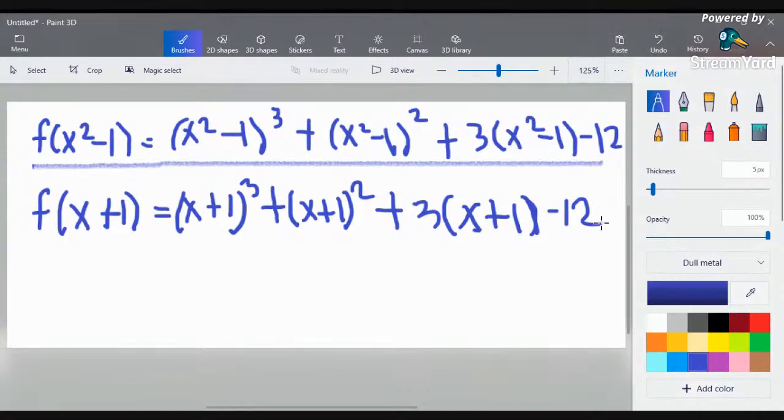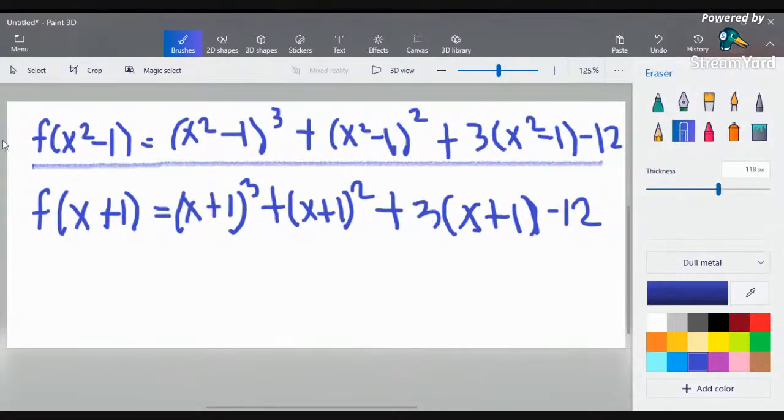Okay. And also, the question is: is f of x plus 1 the same as f of x minus 2? Please try to solve that in letter B and explain if they are the same or not.